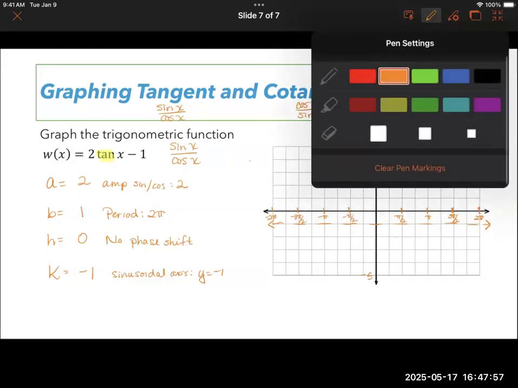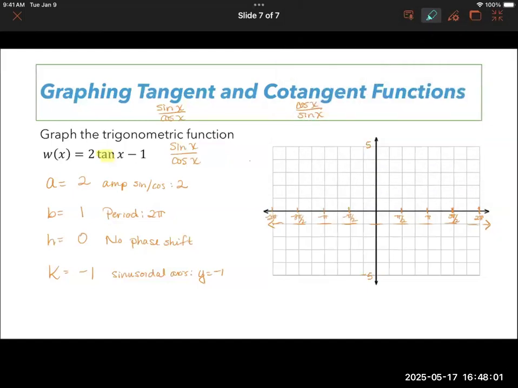All right, so let's look at sine of x in blue. Okay, if I was doing sine of x, I would be starting at the 0, which is here on the sinusoidal axis, going up to a max, 0 max, 0 min, 0.